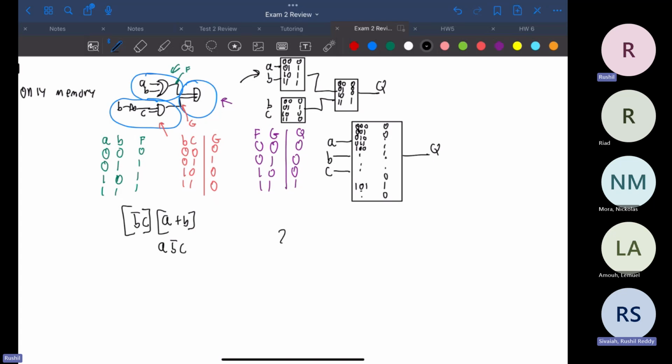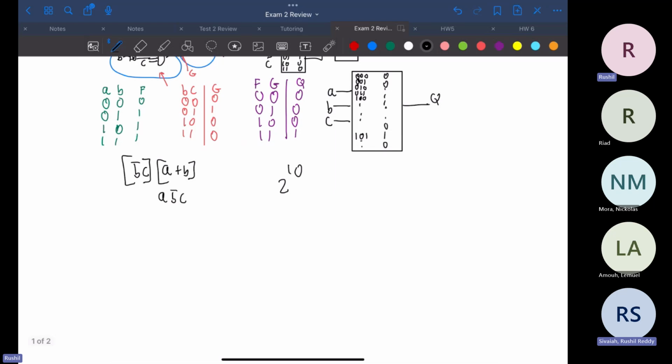Instead of having 2 to the power of 10 possibilities, you can reduce that. One of the ROMs is 2 to the power of 8, but the other one would be 2 to the power of 2. If you add these two together, that's much smaller than 2 to the power of 10. It works very well in certain situations, and in a lot of other situations, it doesn't matter.